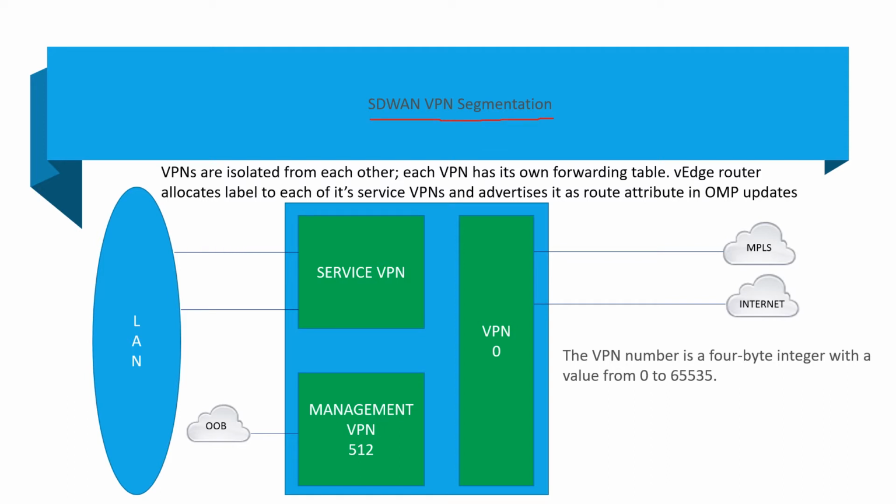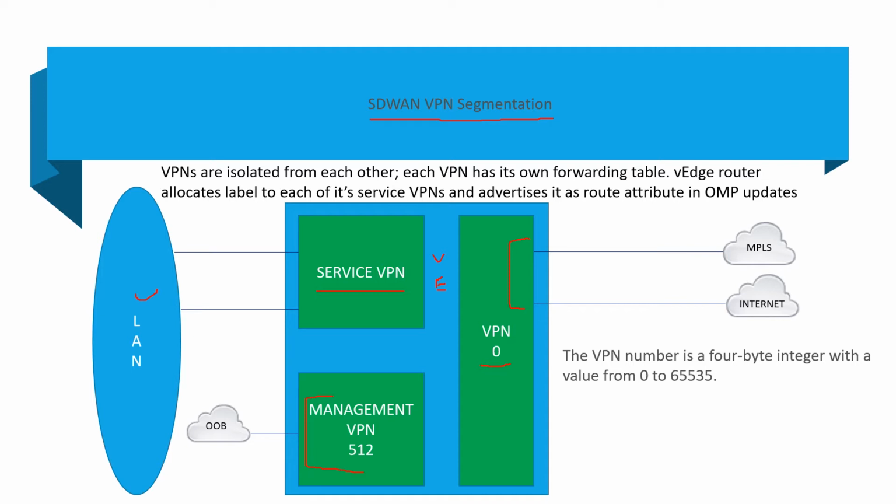So in SD-WAN, you can see if this is my vEdge device, it gives me the flexibility to create service VPNs, which are the LAN side. Then you have a transport that is associated with VPN 0, and you can have out-of-band connectivity, which gives you the management VPN 512.